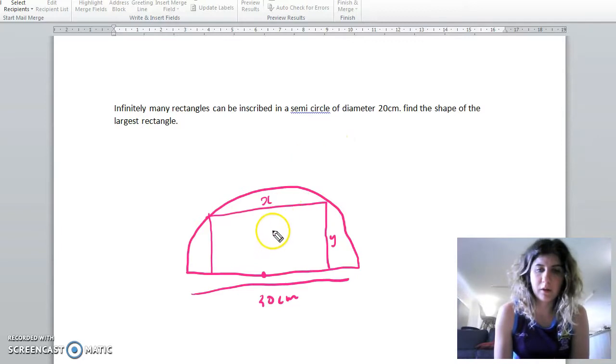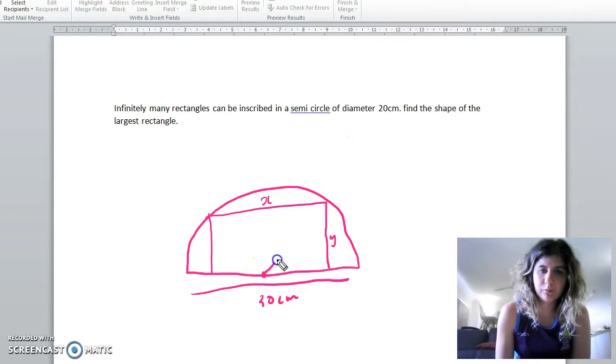Okay, so this is a circle, so we know that any point from the middle of the circle outwards, if this has a diameter of 20 centimeters, the radius is going to be 10. So we know that this here is a radius of 10. And if we know that this is y and this is 10, we can use Pythagoras, because it's a rectangle, to make an expression for this area here.